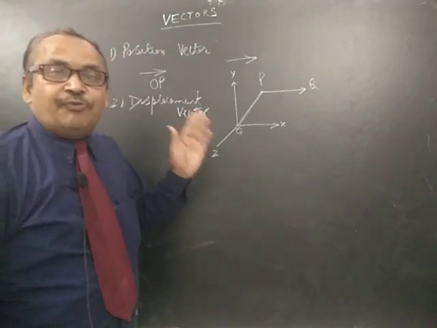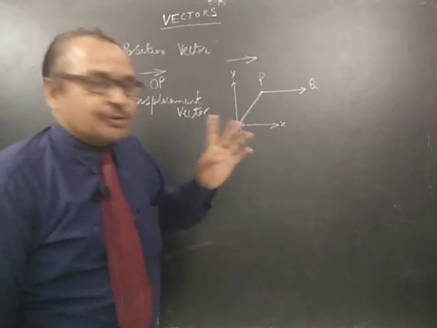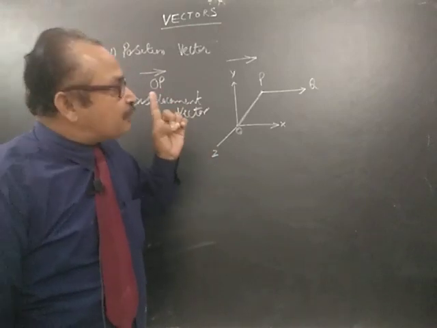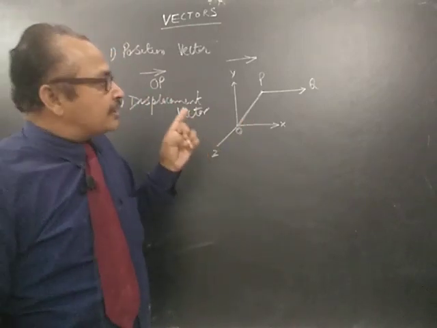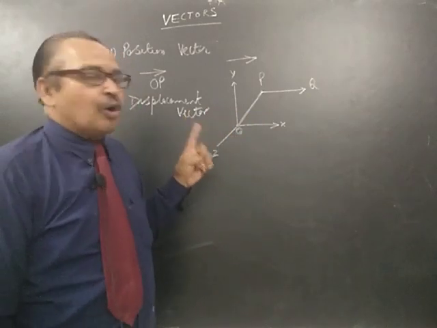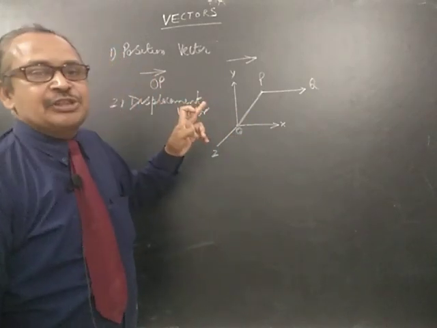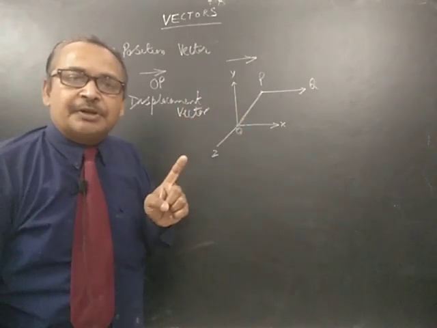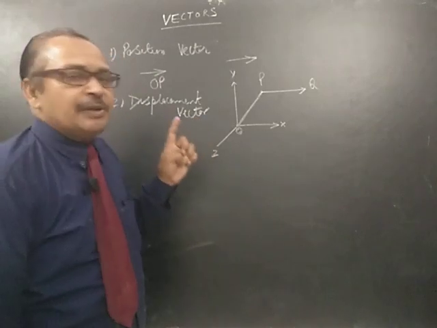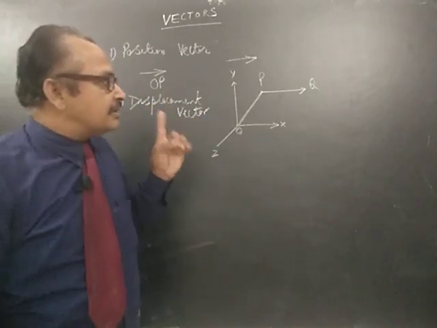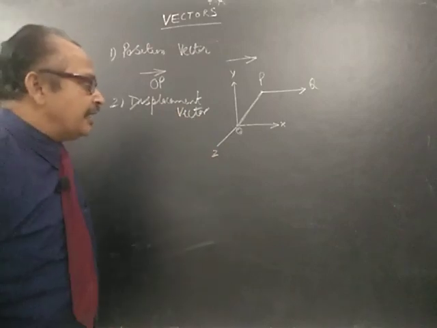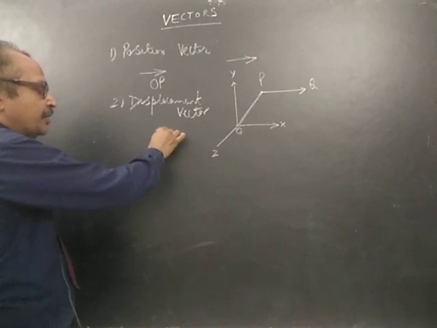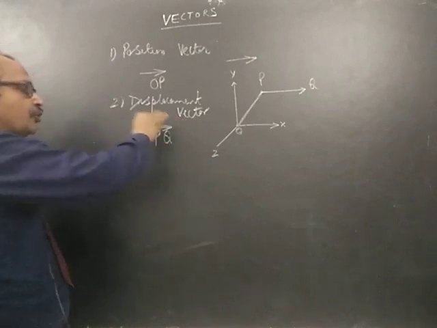So this vector, you can say this length, which determines the displacement or the movement of the body from the initial point P to the final point Q, will be termed as the displacement vector. It means if I represent the displacement vector, it will be represented by PQ.